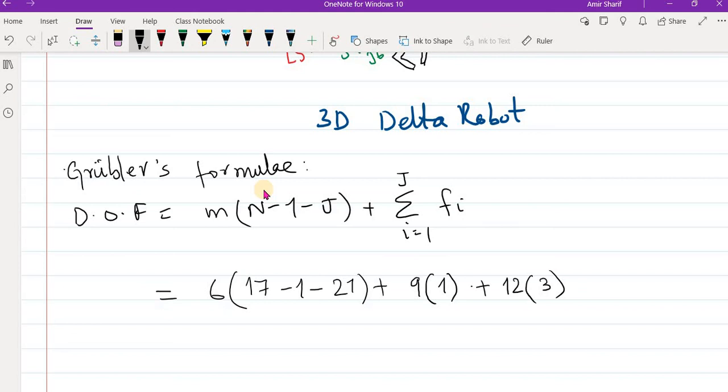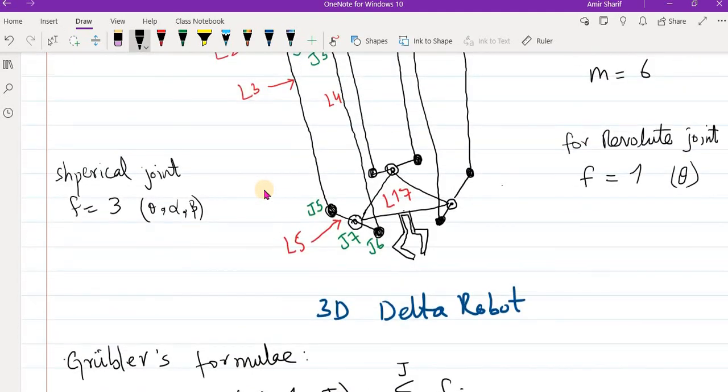If you solve them, you will get the answer 15. So it means that the delta robot has 15 degrees of freedom.